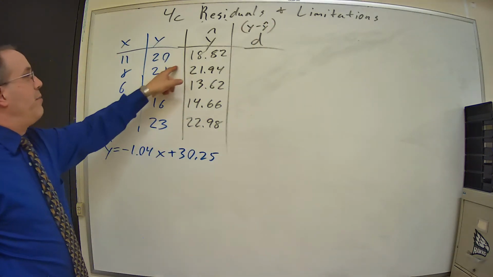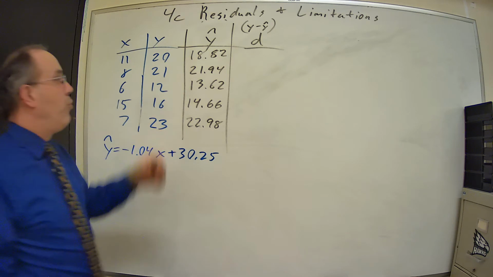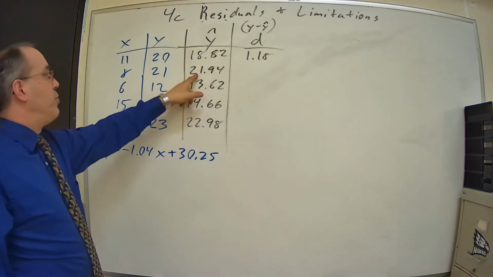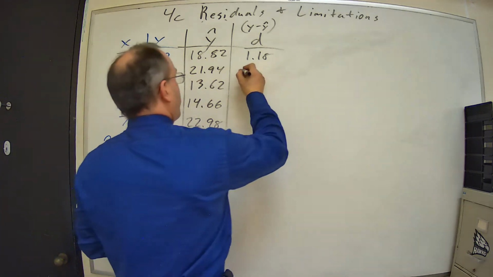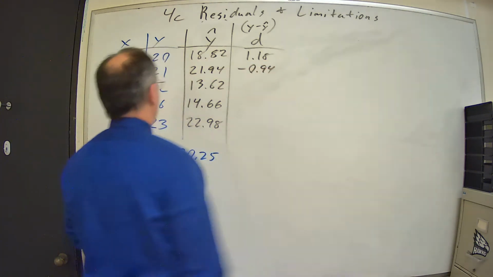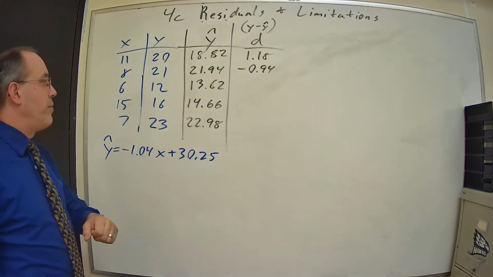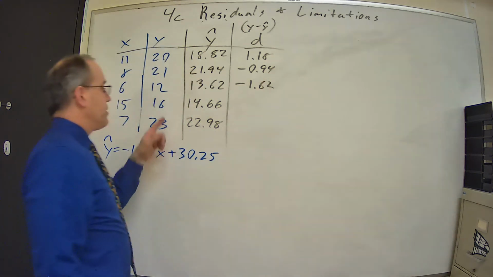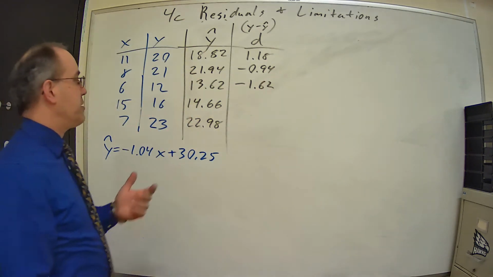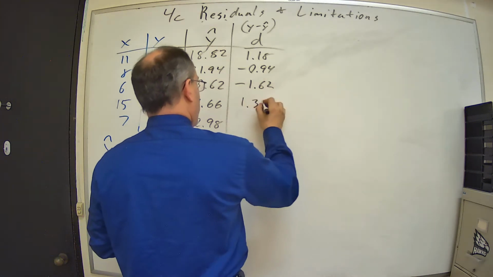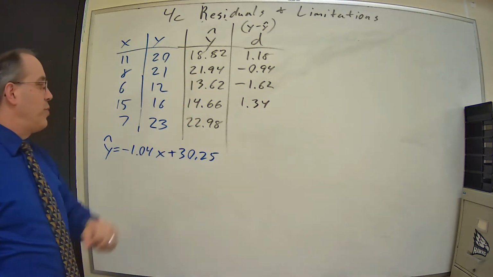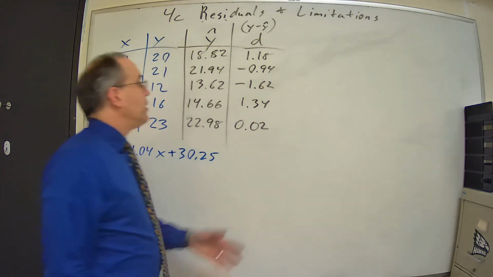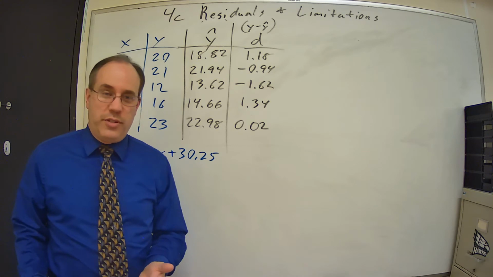We're going to take 20 minus 18.82, 1.18. 21 minus 21.94, negative 0.94. 12 minus 13.62, negative 1.62. 16 minus 14.66, 1.34. And 23 minus 22.98, 0.02. So those are our residuals.